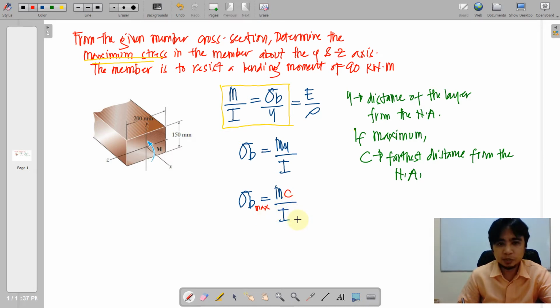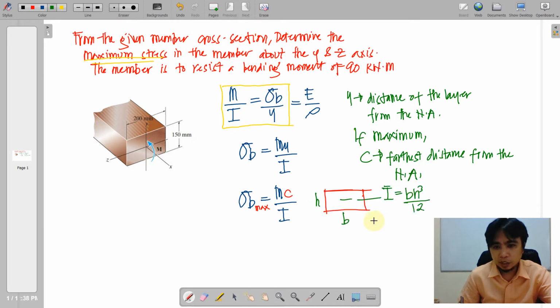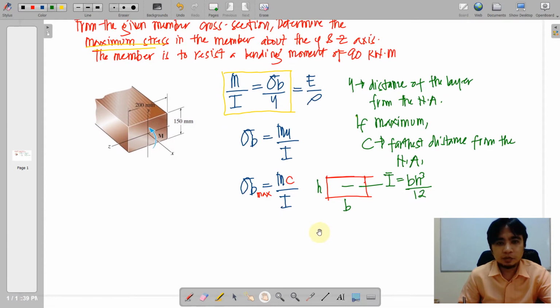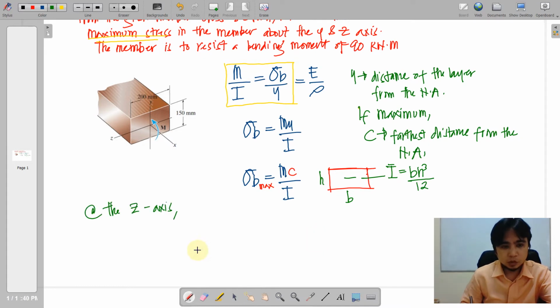I is the moment of inertia, which in this problem involves a rectangular shape. We recall the formula for a rectangular shape: inertia is equal to bh cubed over 12. We now consider the cross section, first at the layer z, or the z axis.